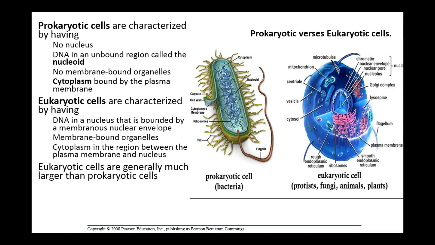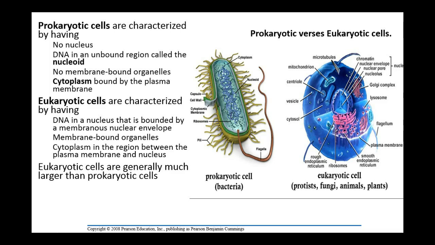Eukaryotic cells are characterized by having DNA in a nucleus that's bound by a membrane, and generally we call it a nuclear envelope. One of the reasons we call it a nuclear envelope, not just a plasma membrane, is because things can actually exit.